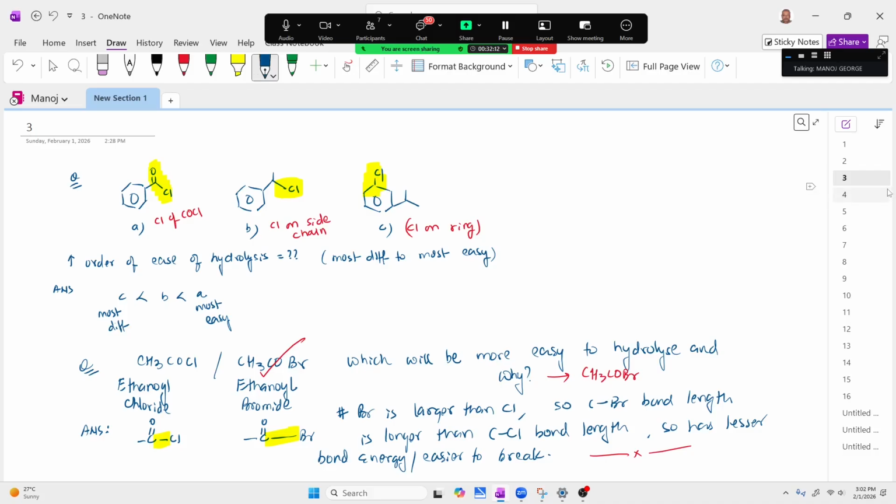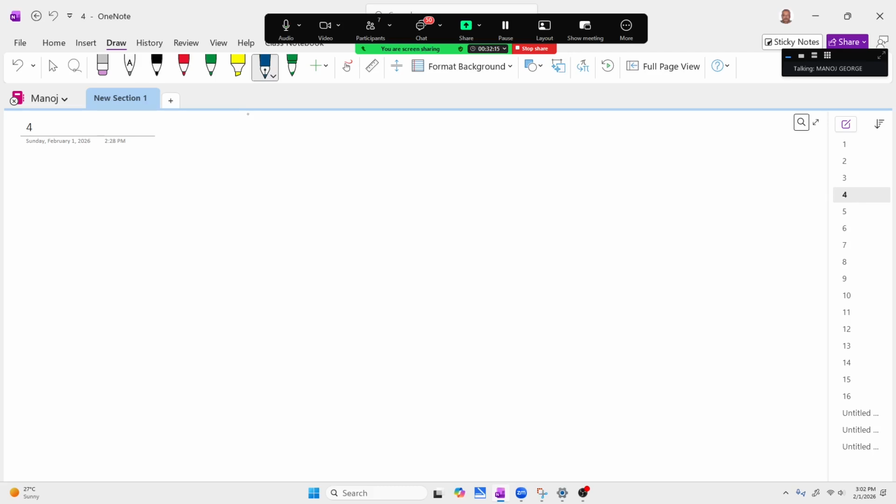Okay, so now starting off with topic 34. This is the largest in organic chemistry. This is nitrogen compounds.